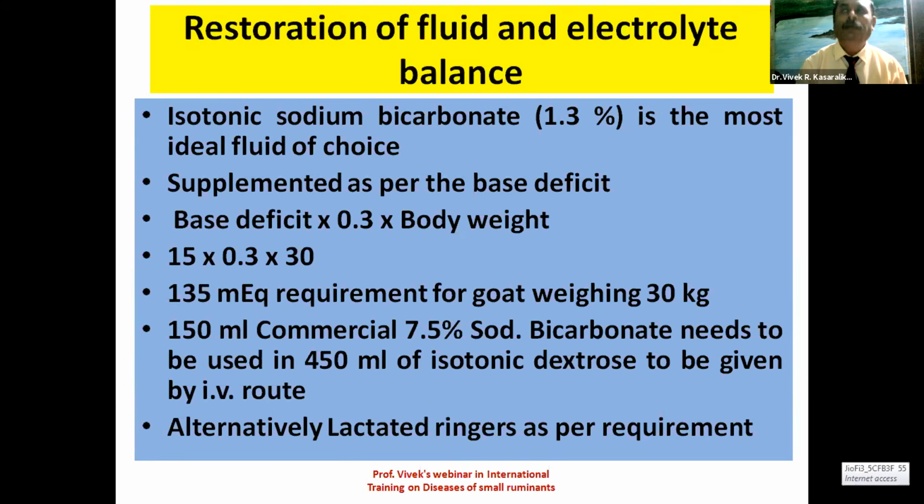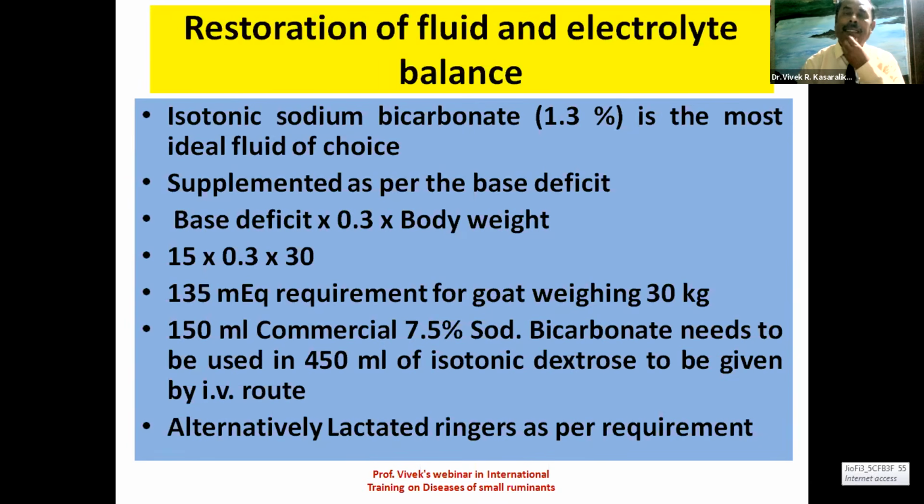But the problem is, in many cases of acute and peracute lactic acidosis, the liver function is compromised, and the conversion of lactate into bicarbonate occurs only in the liver. So a compromised liver may not be able to convert the entire lactate which you are giving parenterally into bicarbonate, and that's why it may not reverse the condition of bicarbonate deficit.